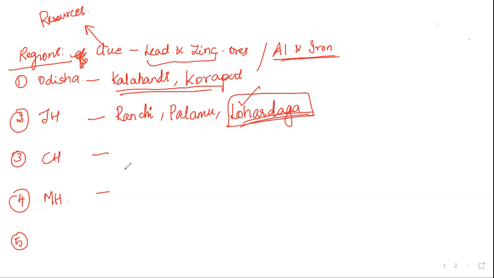Then coming to Chhattisgarh. Now in Chhattisgarh, I have the Maikala ranges and Amarkantak Plateau. Around the Maikal Hill Ranges, I have the Bilaspur, Durg districts.